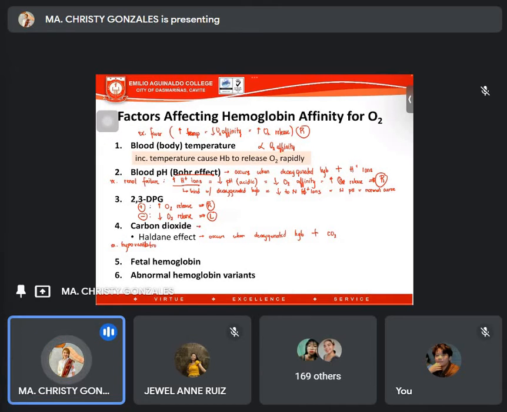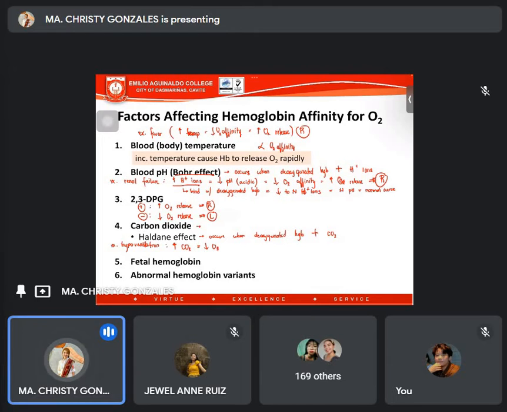Ventilation. What happens in hypoventilation is that you have increased carbon dioxide. Sa katawan natin, increase ang carbon dioxide. So, again, when you have increased carbon dioxide, what happens to the oxygen affinity? It is decreased.